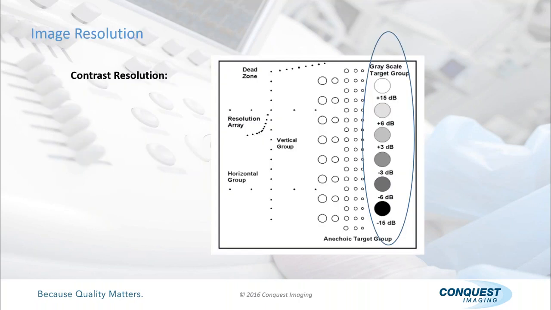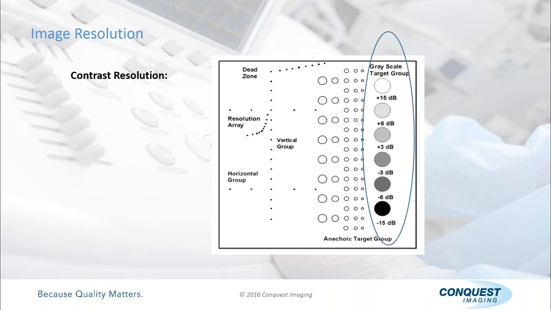So what do we do with these contrast resolutions? What's the importance of it? Well, if you're unable to see, for example, one of the 3 decibels, either the plus or minus 3 decibels in the image while you're scanning this phantom, what you're going to end up with is a problem that you won't be able to see, perhaps a cyst or a tumor in a patient, because it's blending in with the background. So when you're looking at the different probes and evaluating for contrast resolution, what you really need to do is make sure that you can see these 6 objects as different.